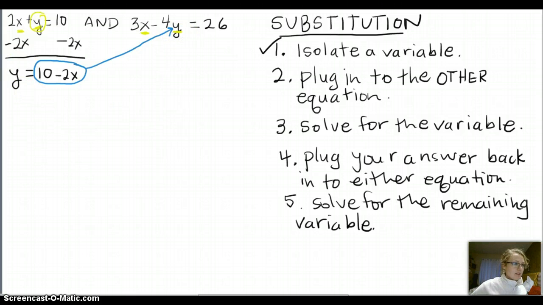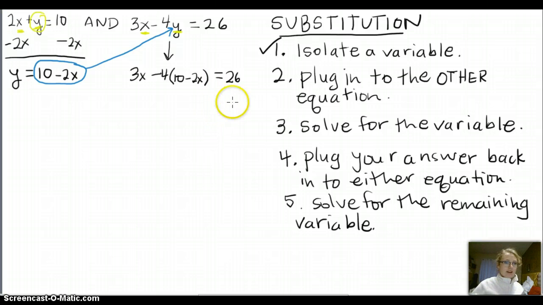So now when I rewrite this equation down here, I will get that 3x minus 4 times y, but we know that y is now 10 minus 2x, that's where the plugging in comes, is equal to 26. Okay? Check.